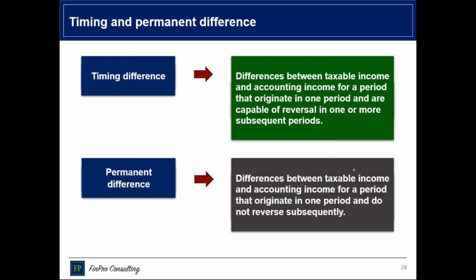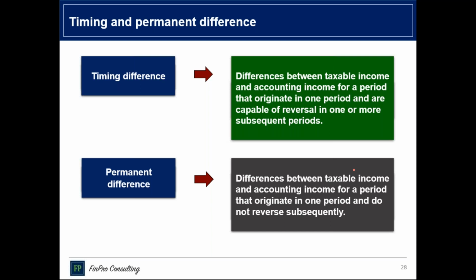In accounting books, I am recognizing it as an expenditure, but in tax books, the same expenditure is disallowed by the income tax authorities, and I will get the benefit of that expenditure when the debtors are actually impaired in a future period. Thereby, the difference occurring in the current year is capable of reversing in a future period, causing the timing difference.